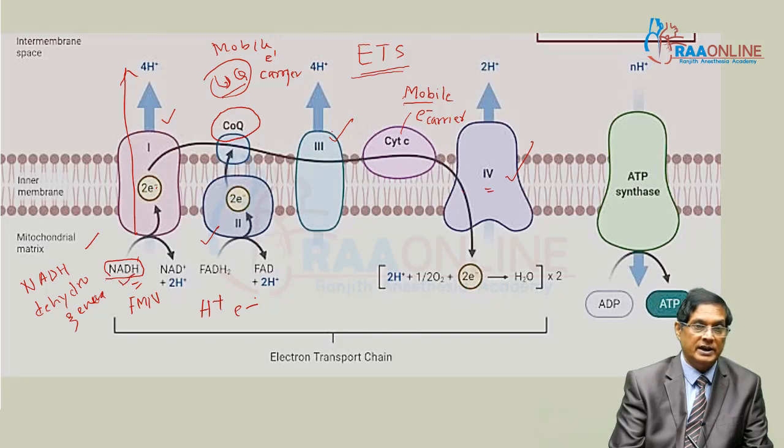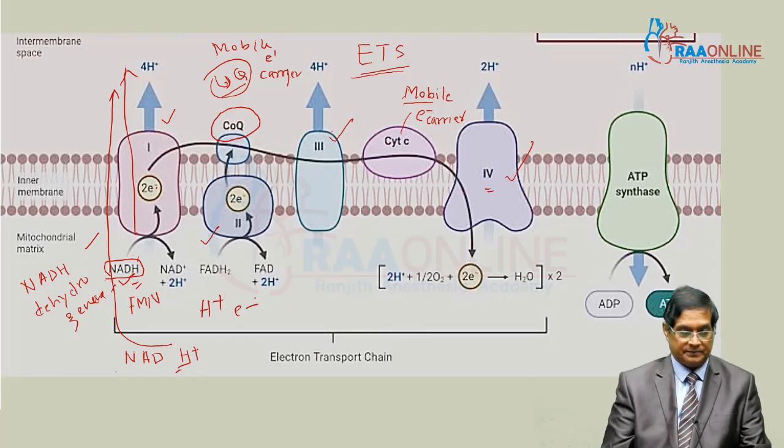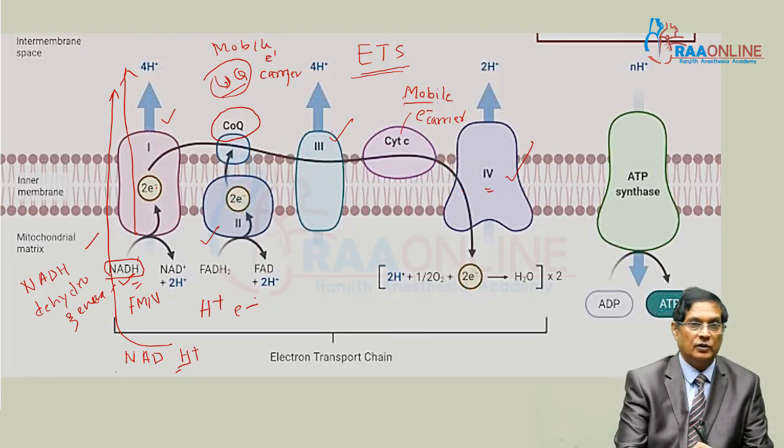When NADH splits, what is formed? NAD and H plus ions. H plus ions are protons. These protons are pushed into the intermembrane space, whereas the electron follows this path, the pathway of electron transfer.